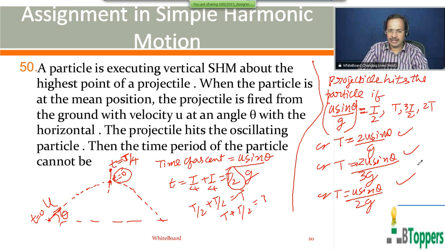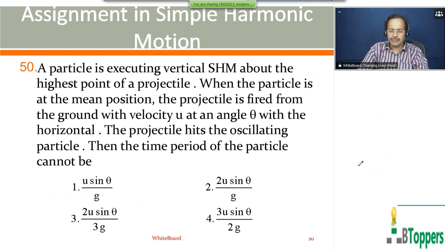If you want to copy this working, you can pause and copy it. You can see the last line, that the time period of the particle can be 2u sin theta by g, it can also be 2u sin theta by 3g.